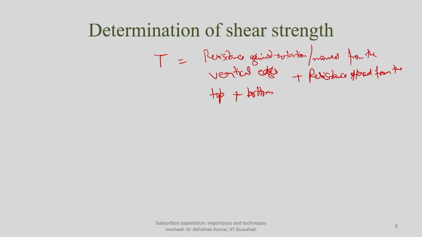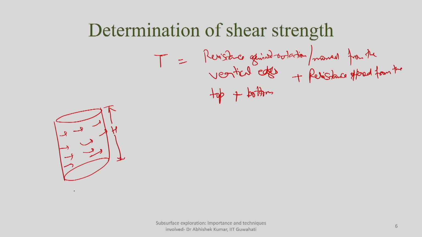So, how will we get this rotation? Suppose you see along the face, it is like a complete cylinder which is undergoing some kind of shear stresses. Shear stresses are getting developed at this interface along this. So, if you consider the height as h of the vane and diameter is d, the shear resistance along this will be governed by the circumference or area here, which will be equal to pi d, that will be equal to pi times d times h.